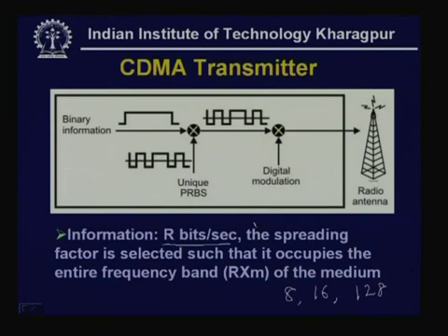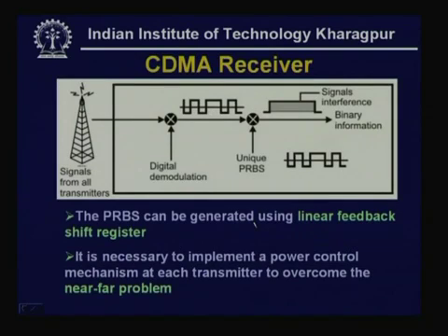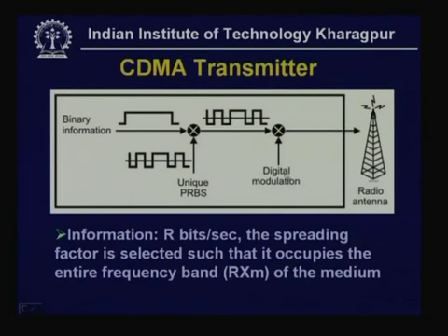Now at the receiving end, signals from all the transmitters are being received by this antenna. Then the composite signal goes through the digital demodulator. Again, this digital demodulator means that decoding is being performed, as you have seen in the case of digital modulation.